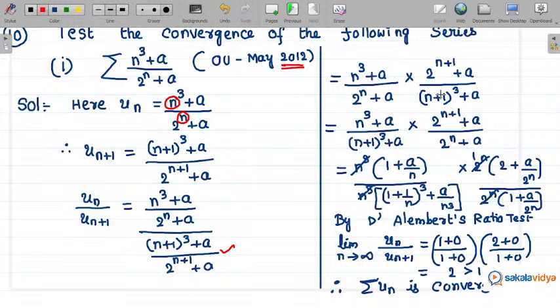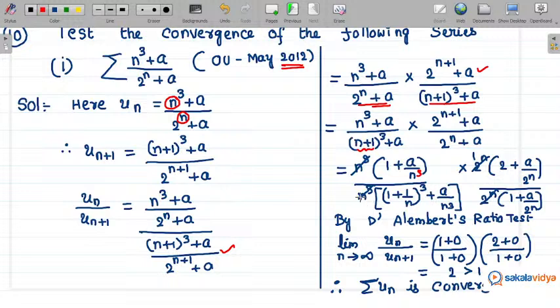So now you can separate it like this: n cube plus a by n plus 1 whole cube plus a into 2 to the power of n plus 1 plus a divided by 2 to the power of n plus a. From the numerator n cube plus a, let us take n cube common. We get 1 plus a by n cube, and similarly from n plus 1 take n common. This is n into 1 plus 1 by n whole cube.